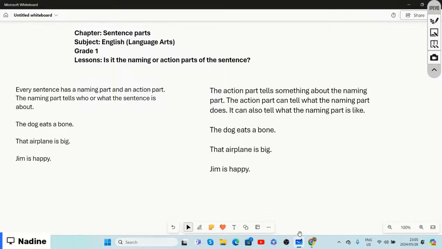And the lesson that we are going to be focusing on under the chapter of sentence parts is: is it a naming or action part of a sentence?